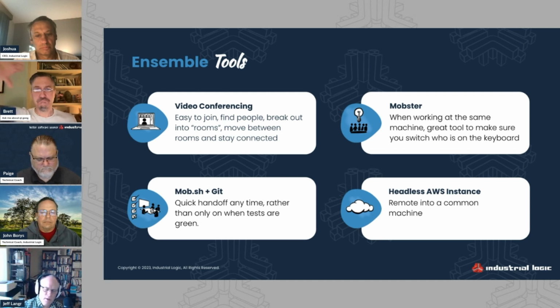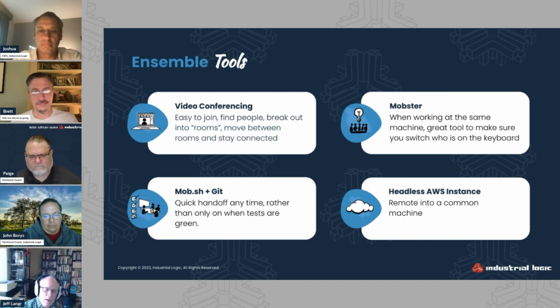Using these kinds of tools, specifically one called mob.sh, we're able to shift the code from one person's machine to the next in about 10 seconds on average. So there's not a lot of ceremony involved with switching from one person to the next. It's fantastic. I basically summarize it as, if you like your IDE, you can keep your IDE, which everybody kind of loves.